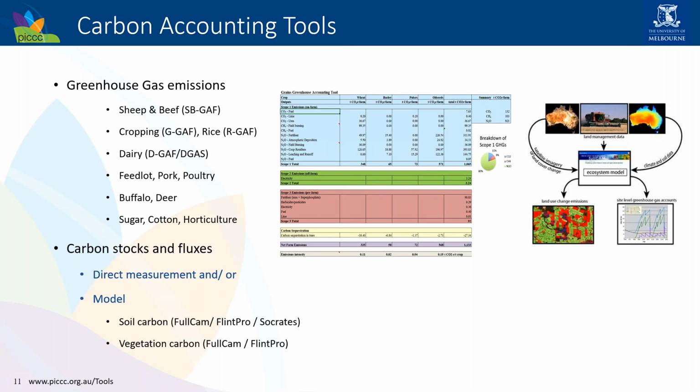We've gone from having just the sheep and beef GAF, SB GAF, to having a really good range of tools for different industries in Australia. It's even gone from having just a cropping tool to now having a sugar, cotton and horticulture tool, which have all been built alongside industry bodies to make sure they're more relevant.